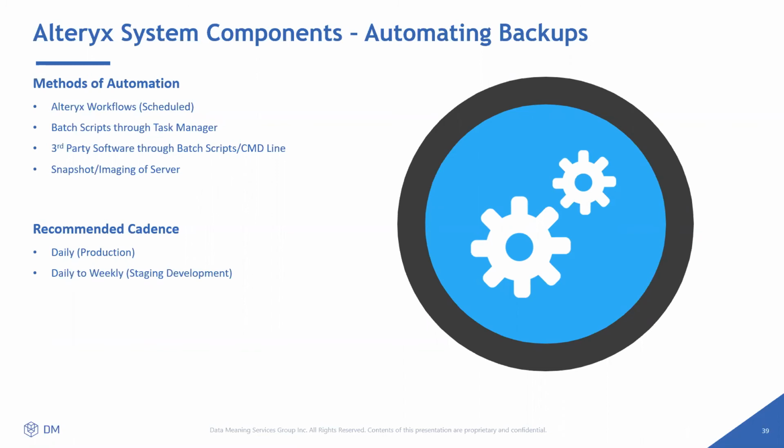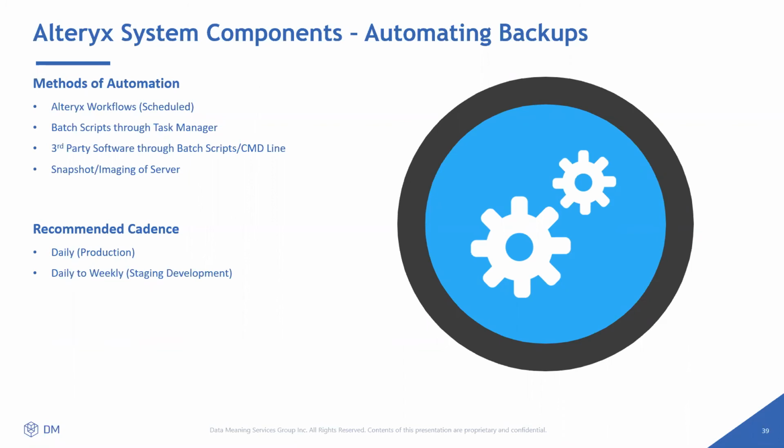And by virtue of the batch script, it is disabling the server. But because you're now running the batch script instead, it's going to continue running and start the service back up. So it's a very interesting way of doing it, but I've seen it done successfully. And it does help keep things a little bit more consolidated. Some of the other methods is you can build your own batch scripts and schedule them through Run Task on the Task Manager.